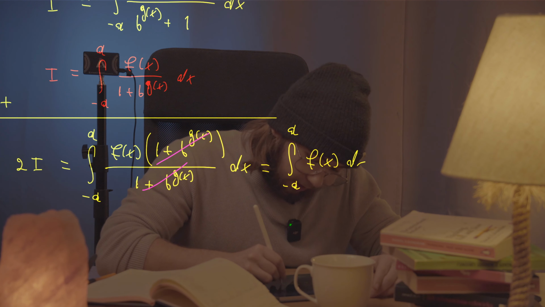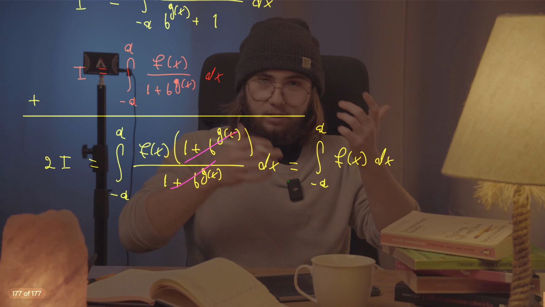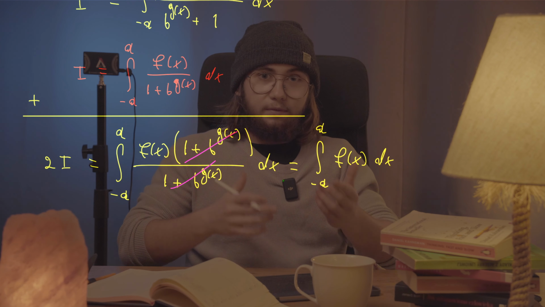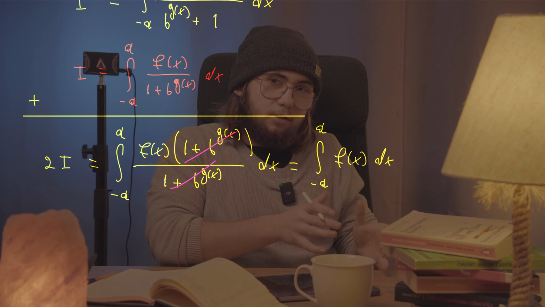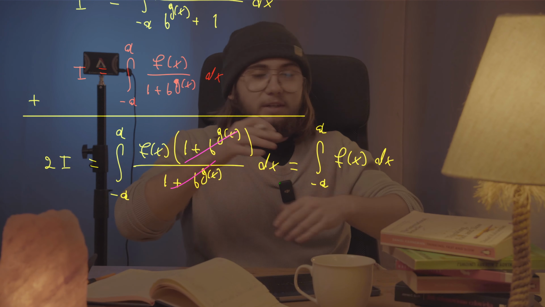x dx. But now, well, we know that f of x is an even function, and whenever we are trying to evaluate an even function on a symmetric interval, it's just perfectly the same as just taking this integral, cutting it in half, and just multiplying the integral by 2.